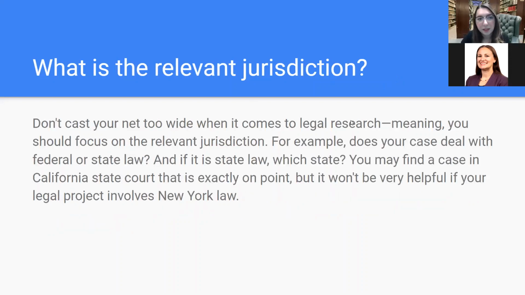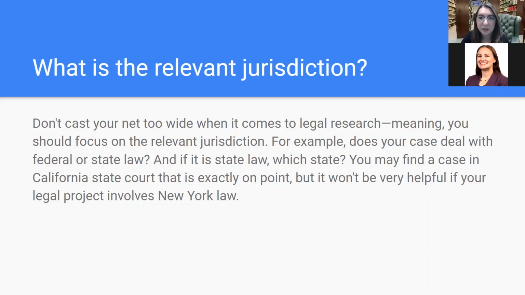And then you also want to go over what the relevant jurisdiction is. Don't cast your net too wide. For example, if you're focusing on civil limited, you need to narrow it down to civil limited. And if you are comparing state versus federal law, you need to narrow it down to which state you are referring to.